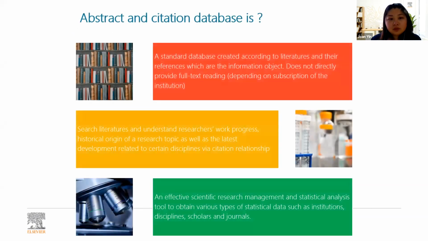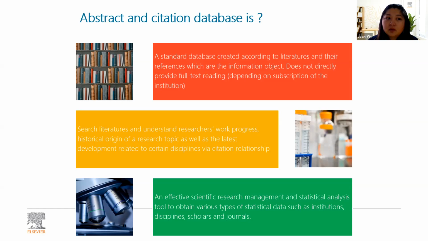So what is an abstract and citation database? I think you may all know about the full text reading database. You can get the full text document or article from that. However, an abstract and citation database is a standard database created according to literature and their references, which are the information objects.